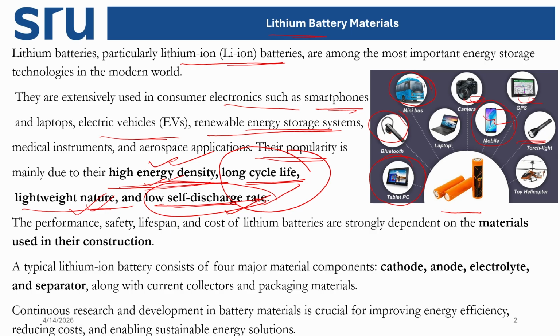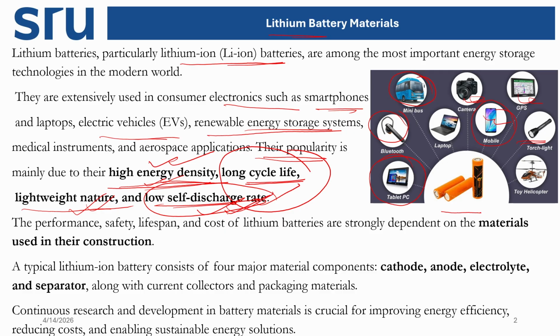If day by day its charge comes down from 100% to 95%, 90%, 88%, 87%, 85%, it is discharging itself. That is called self-discharge. So we need a battery with a very low self-discharge process, meaning on its own it is not discharging very fast. That is called low self-discharge rate.